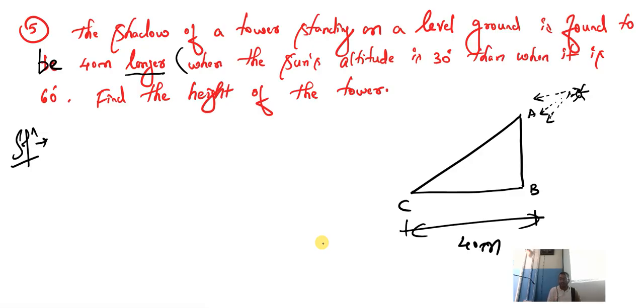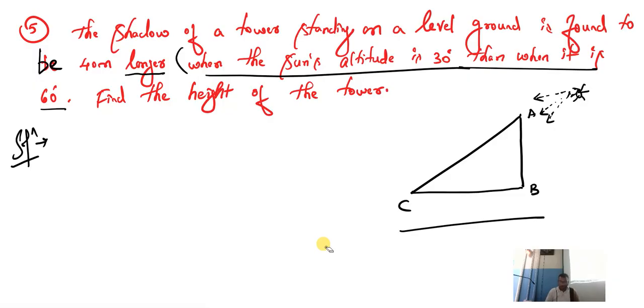When the sun's altitude is 30 degree than when it is 60 degree. Again, in that movie, another movie is coming. When the sun's altitude is 30 degree, 40 meter long it is coming. Okay, I agree.